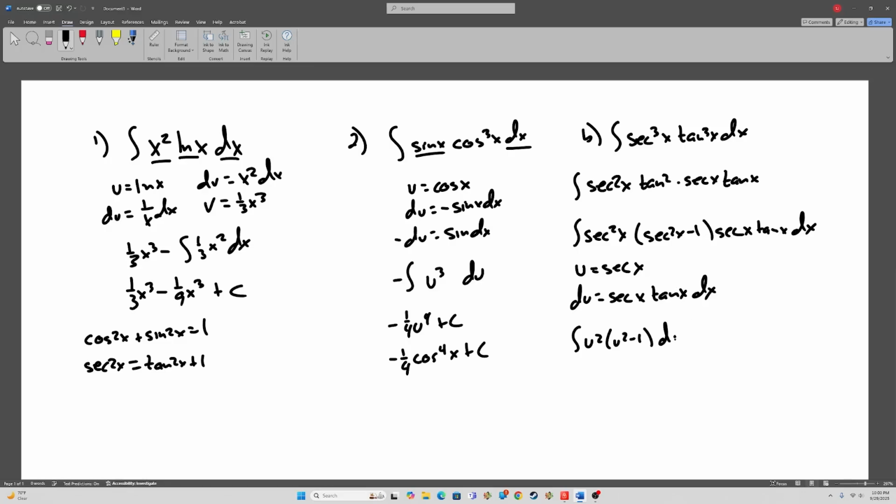So this becomes du. And then we can distribute, that's u to the fourth minus u squared du, and then take the antiderivative, which is, we finally have something we can take the antiderivative of. 1/5 u to the fifth minus 1/3 u to the third, and then plus c. And so u is secant. This is 1/5 secant to the fifth x minus 1/3 secant to the third of x plus c.